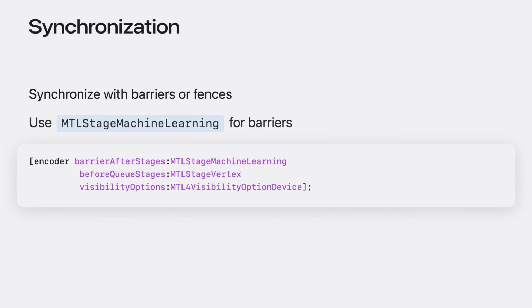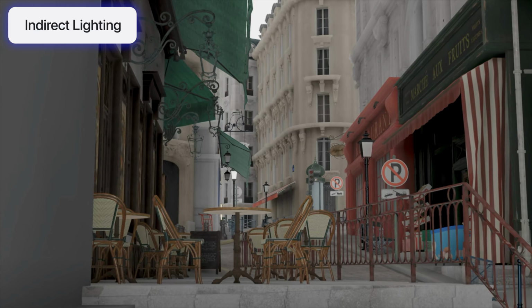To synchronize ML encoder dispatches, you can use standard Metal 4 synchronization primitives such as barriers and fences. The new machine learning stage is used to identify ML workloads and barriers. For example, to make your rendering work wait on outputs produced by a network, you could use a barrier between an appropriate render stage and the machine learning stage. Let's look at ML encoder in action.